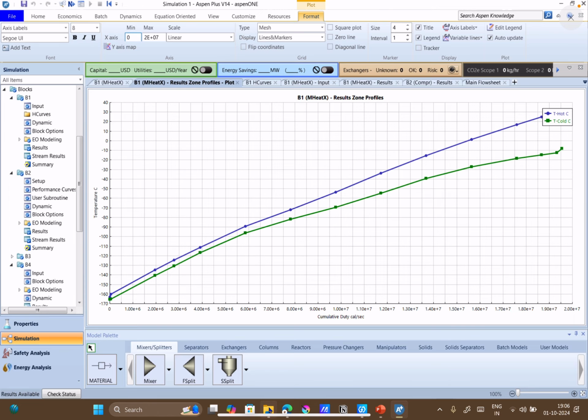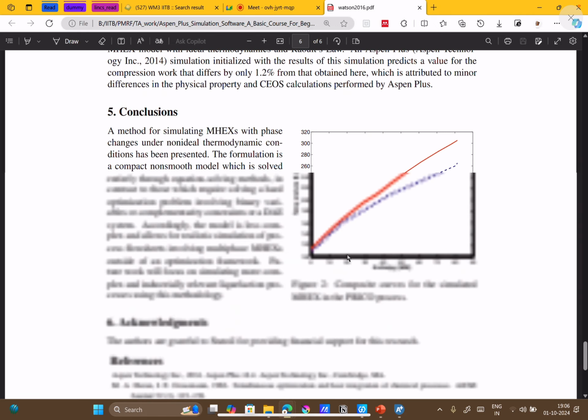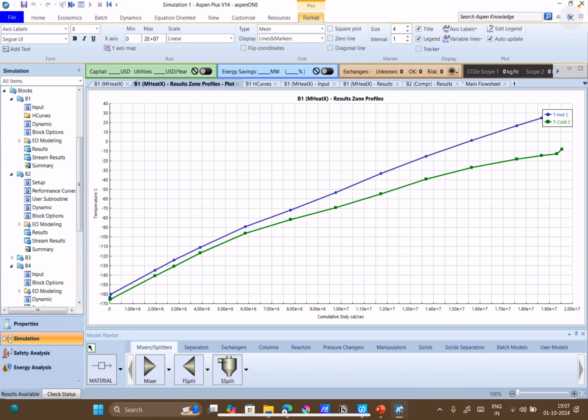Even in the given example, the reference paper that I have taken from, you can see our zone profile and that zone profile is almost matching, right? So these are the same trend that we have, with the close proximity of hot and cold stream at the lower temperature end, where we have to be much more careful.